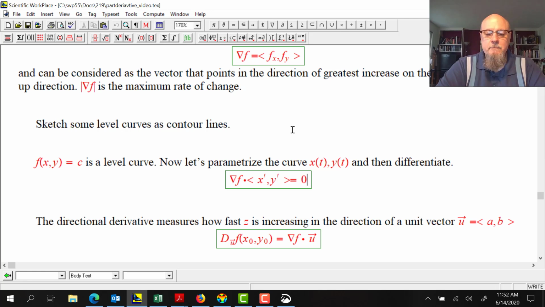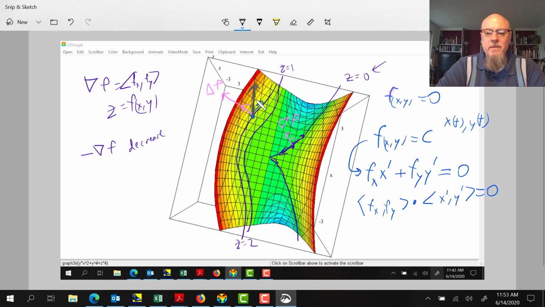Now, how do we get this? Let me go back and restate this because I want to clarify that. I want to know how much of this is going up. I said it unclearly.